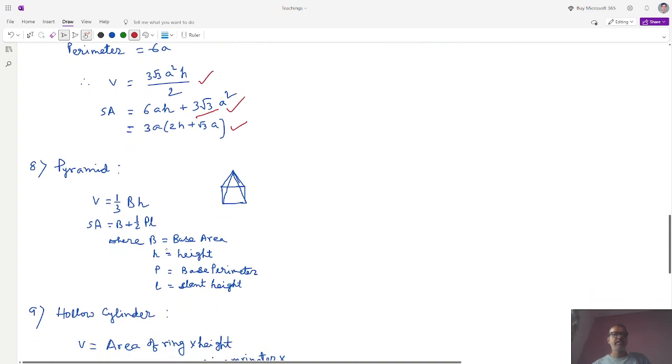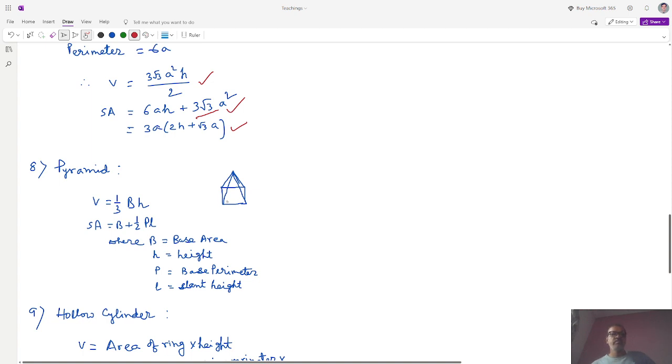Now, pyramid. The volume of the pyramid equals 1/3 into base area into height. The base can be any type of polygon.